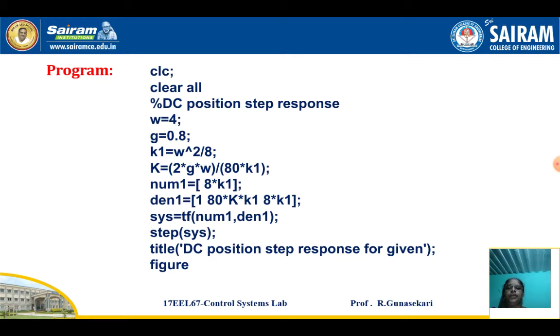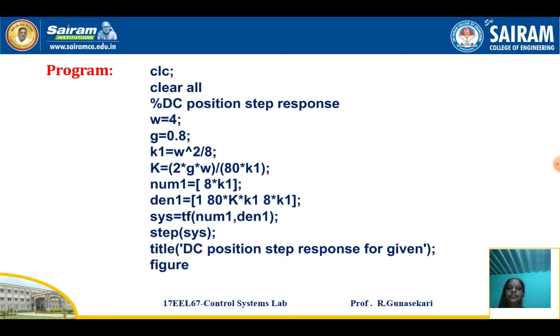And then numerator 1, denominator 1, means we are taking the transfer function 8 divided by s squared plus 80k k1. So numerator 8k1, denominator s squared, means 1, 80k k1 into 8 k1.